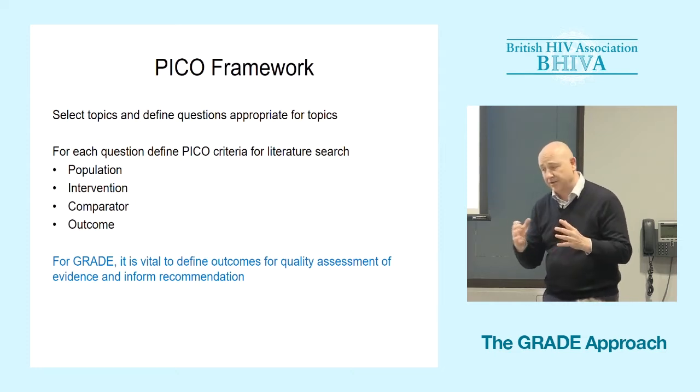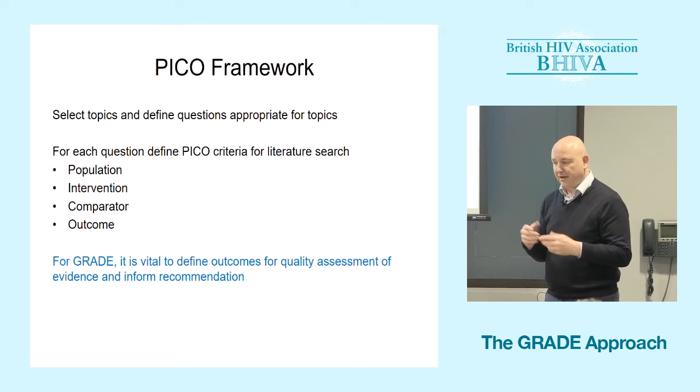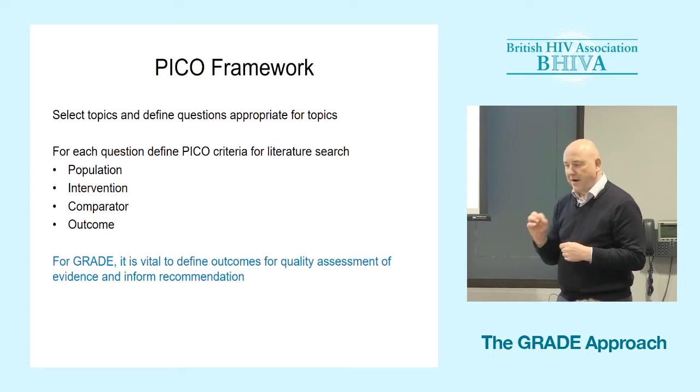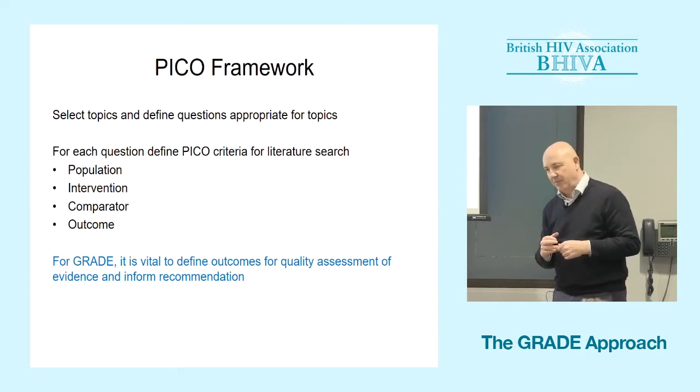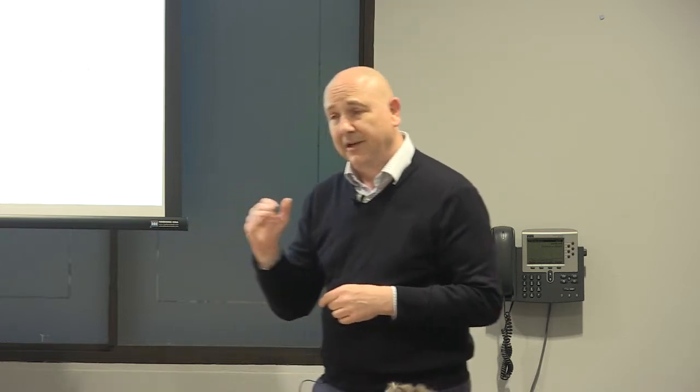For each of those questions, you need to develop the PICO criteria, which is your population in which the intervention is used, the intervention itself, defining what that intervention is, and the comparator, which would largely be your standard of care. And also, most importantly, you need to define the outcomes.